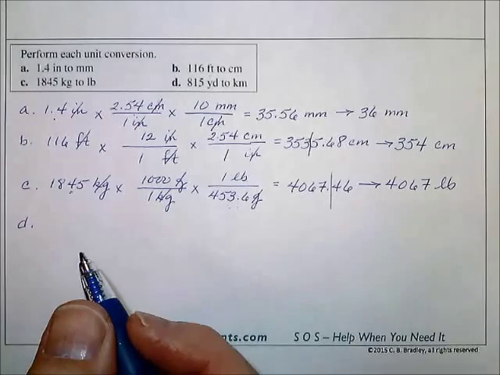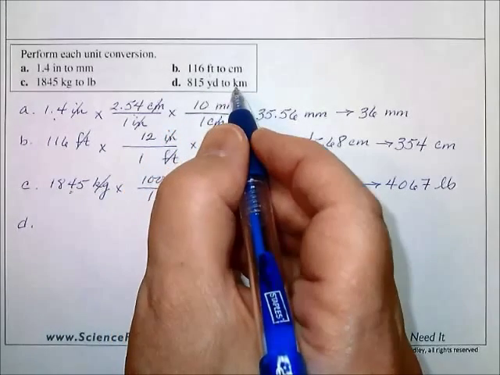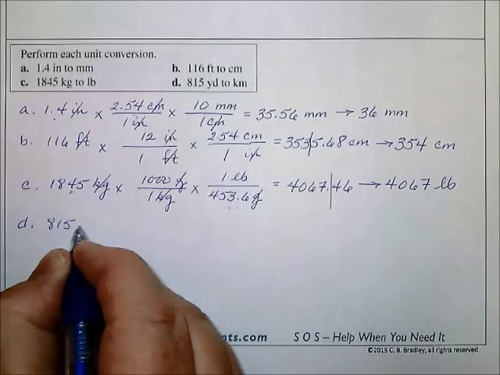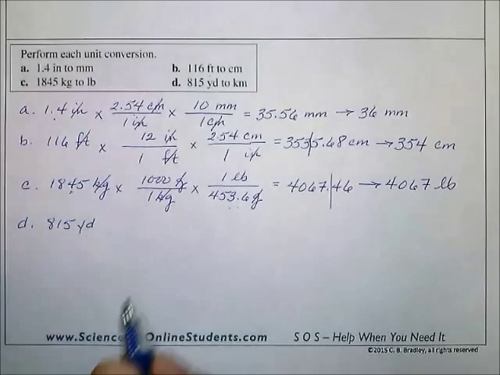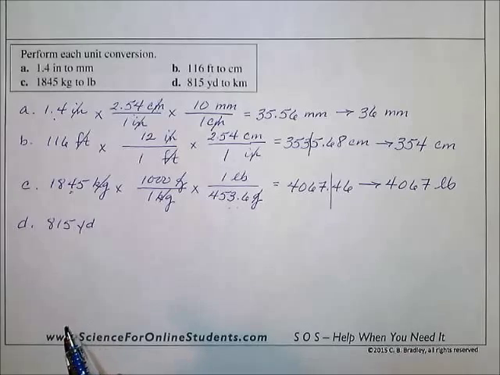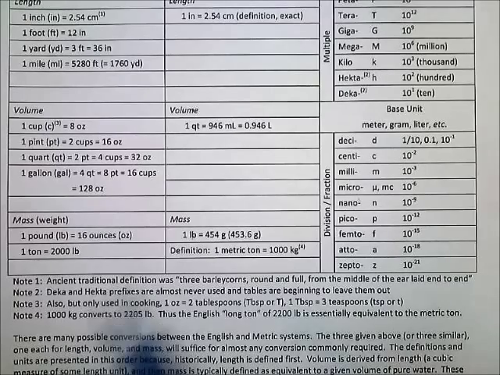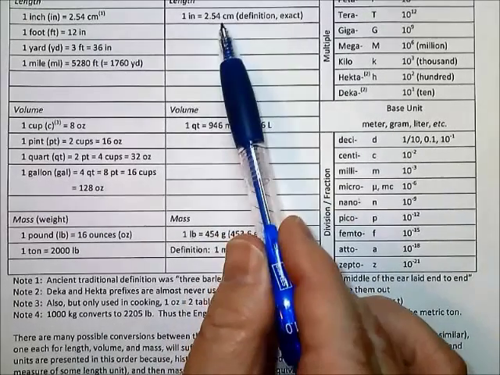D. 815 yards to kilometers. This one's going to be a number of steps because our conversion factor between English and metric length is inches and centimeters.